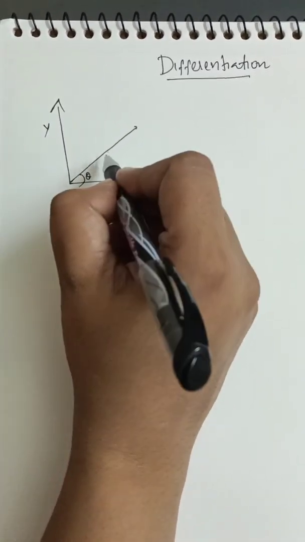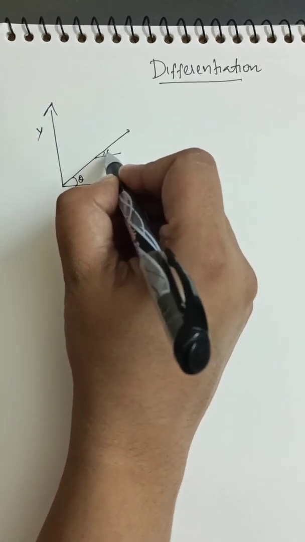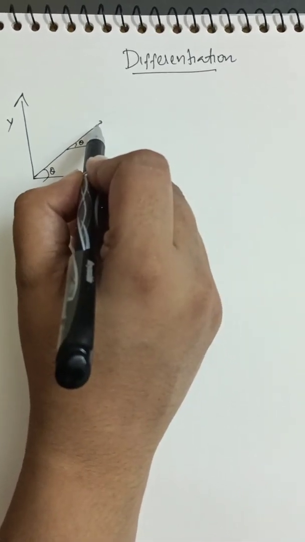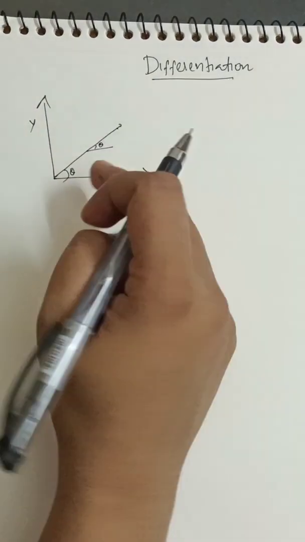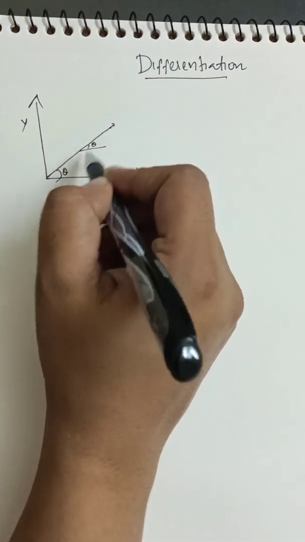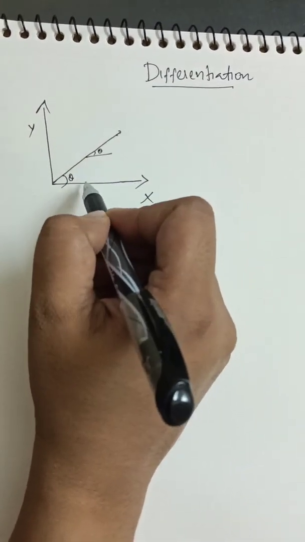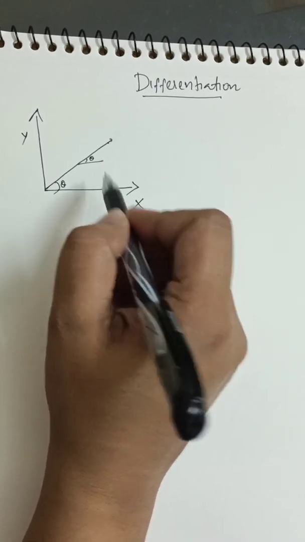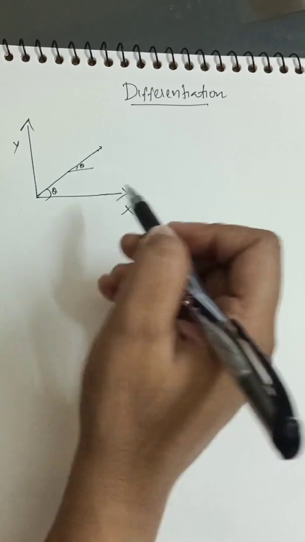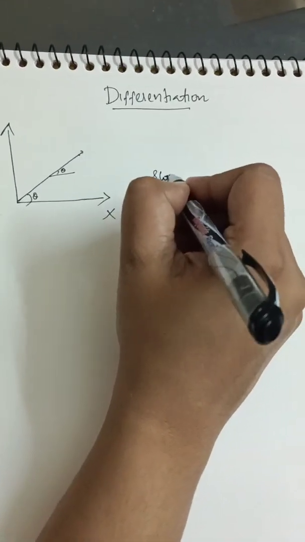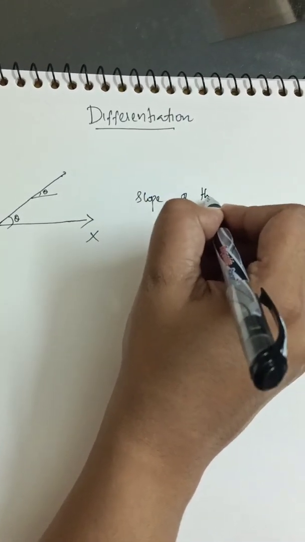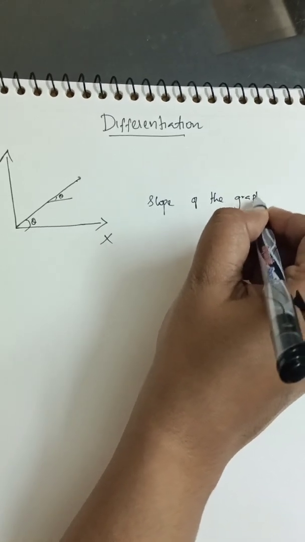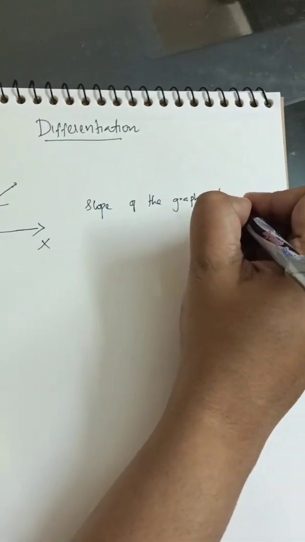Here it is theta, at this point it is theta, and at this point it will be theta. That means the angle which the graph makes with the x-axis is theta. So what will be the slope of the graph? As you know, slope of the graph is equal to tan theta.